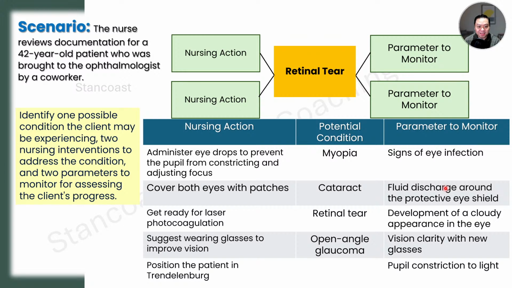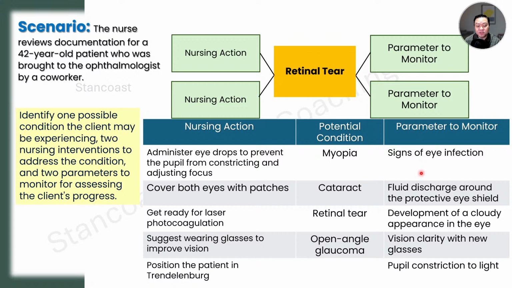So cataract here is an unlikely diagnosis for this scenario. Now, myopia is also incorrect. This is nearsightedness, difficulty seeing distant objects clearly, and this is an error of refraction. So it's not a sudden event. That's why we are eliminating myopia as well, along with the cataract and open angle glaucoma.